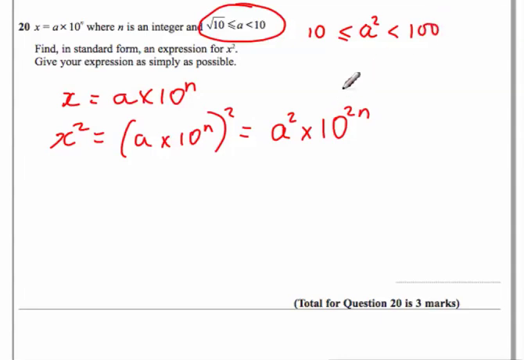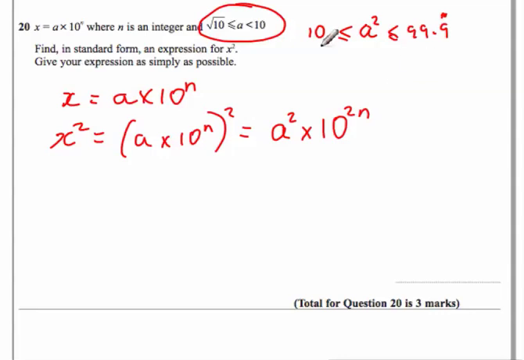Okay, now what this means is that a squared can equal 10, but it can't exactly equal 100. So a squared can be between 10 and sort of 99.9 recurring. Okay, so if you like, I can replace this with that.